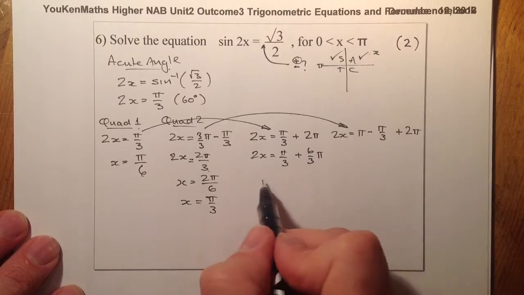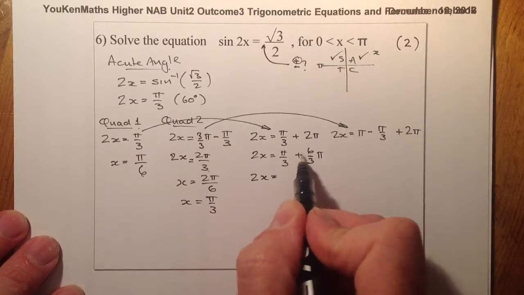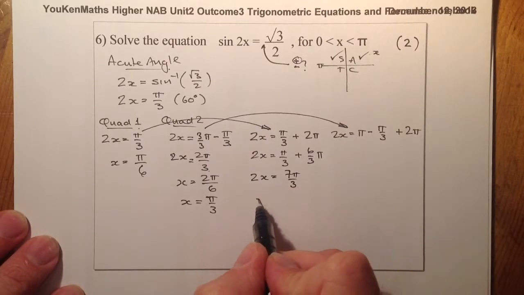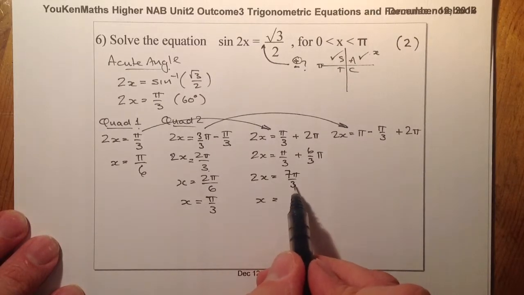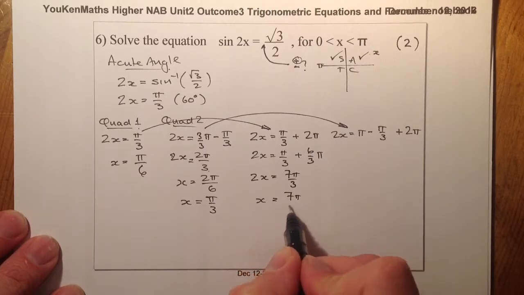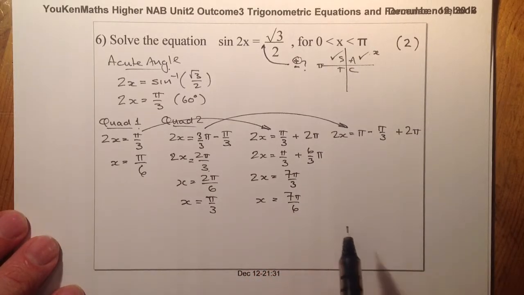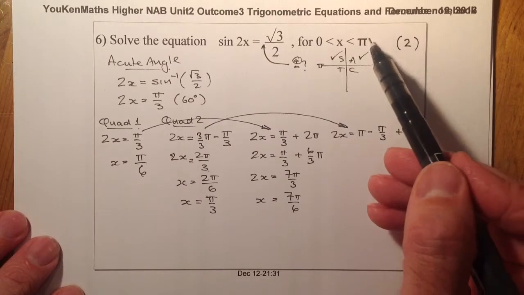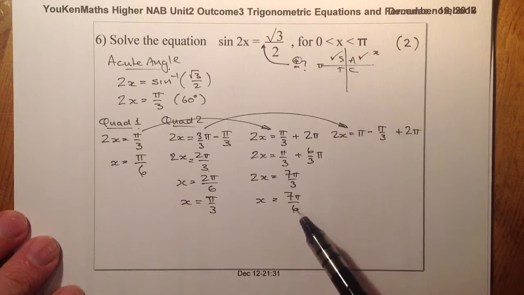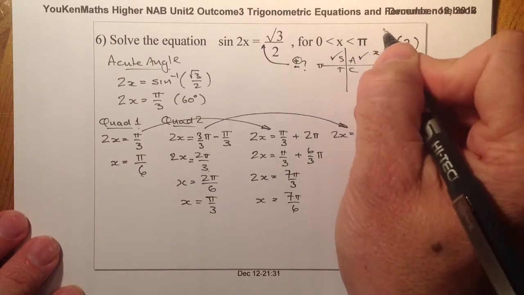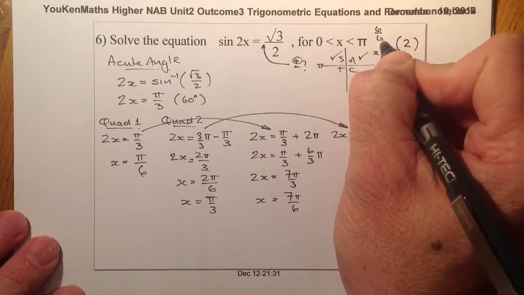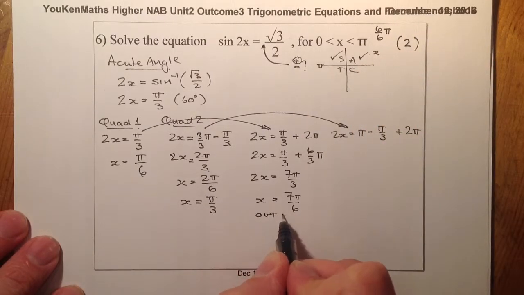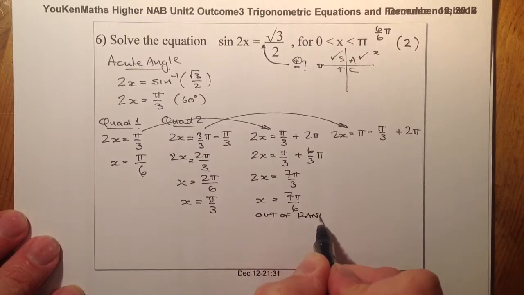Then I'm just working in thirds here, so I know that 2x is equal to, gathering these together, 7 pi upon 3, so x is going to be equal to, divide by 2, 7 pi over 6. Now if I look at this here, 7 pi over 6 is greater than just pi, because if I'm dealing with sixths, pi is going to be equal to 6 over 6 pi. So this one here is out of range.